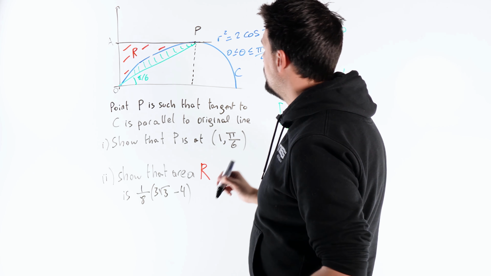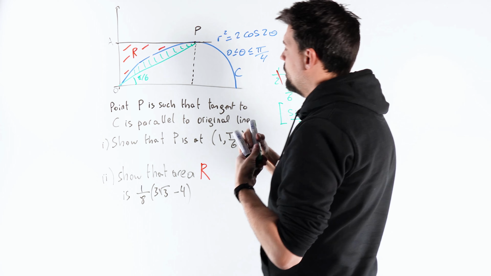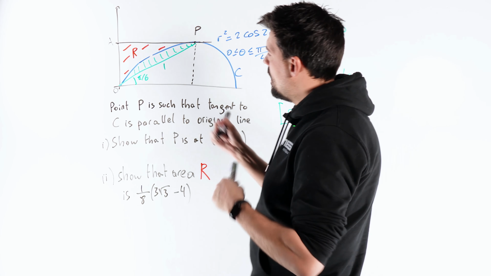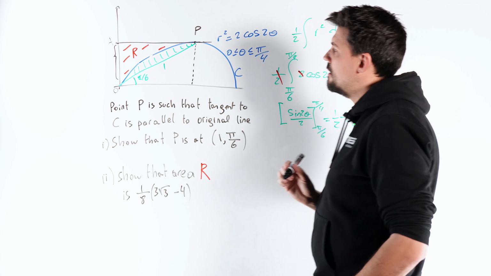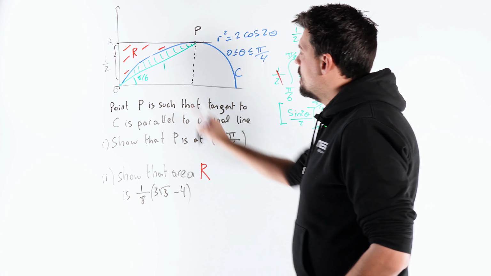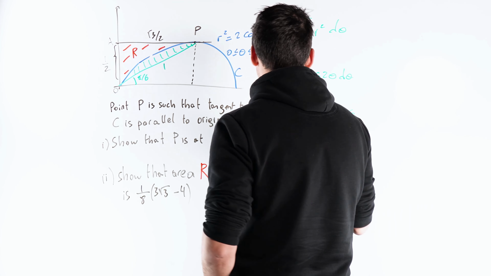Okay, so we know a few of these. Now, this is pi over 6 and r is 1, obviously. So this distance there, which is our y value, is r sine theta, which is 1/2. And that distance there is r cos theta, which is root 3 over 2.